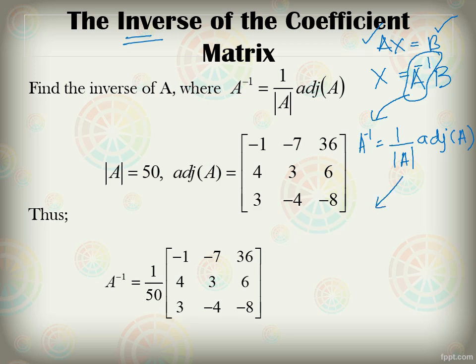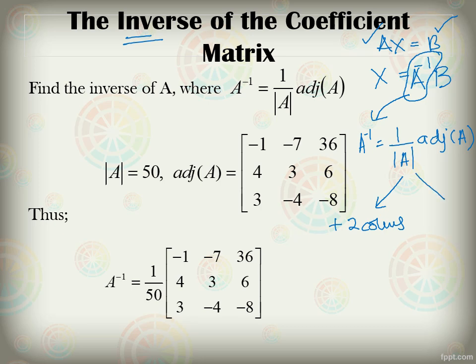The first method is by adding two additional columns at the back of your matrix. Then you multiply the diagonal parts, and subtract the diagonal parts in the opposite direction.